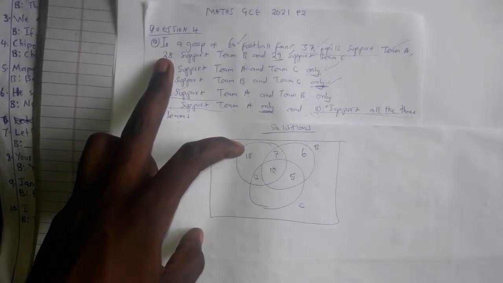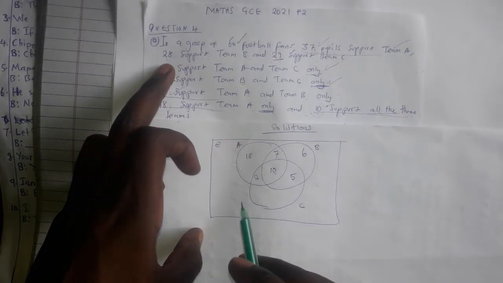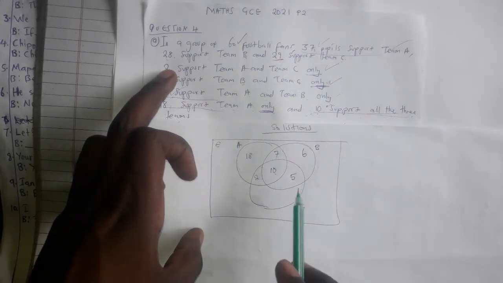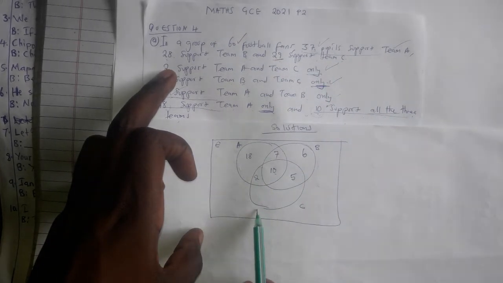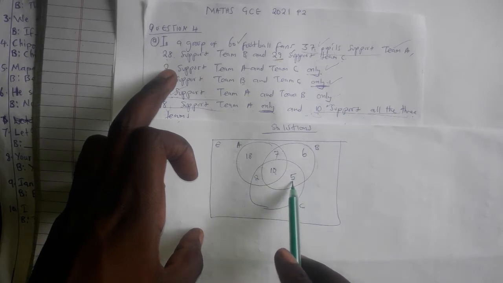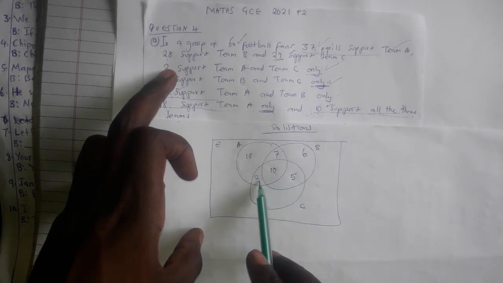Okay. The other part of the question tells us that 29 support team C. What do we have here? We have 10 plus 5, 15 plus 2, 17.